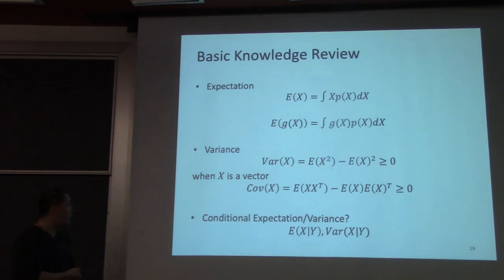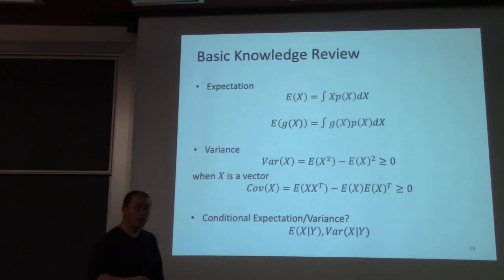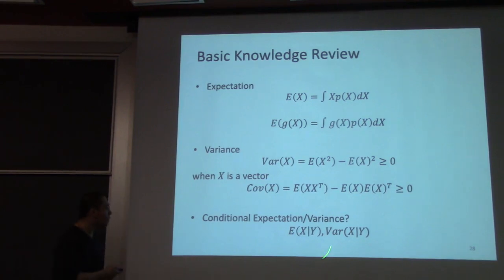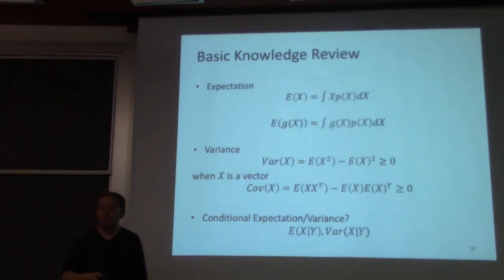Now, conditional expectation and variance. I can calculate the expectation of a random variable x given another random variable y. How can we compute the conditional expectation? Can we replace the probability p of x by p of x given y? Yeah, very good.